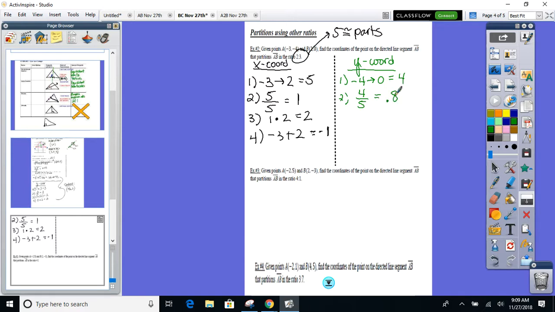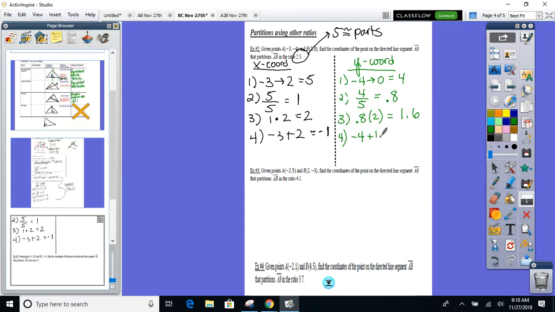But how many times am I going to go 0.8 units to reach the partition point I need? Twice, yep. So 0.8 times 2. I'm actually going a total of how many units on the y-axis? 1.6. Where was my starting point? -4.